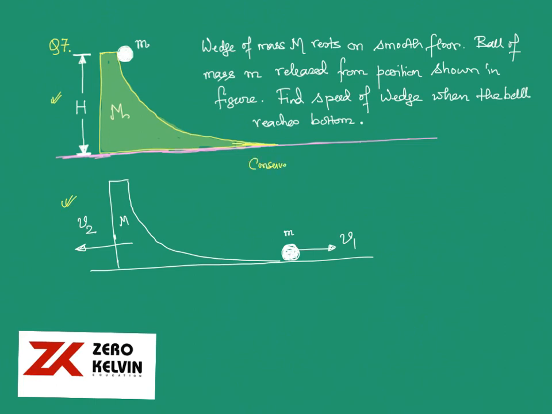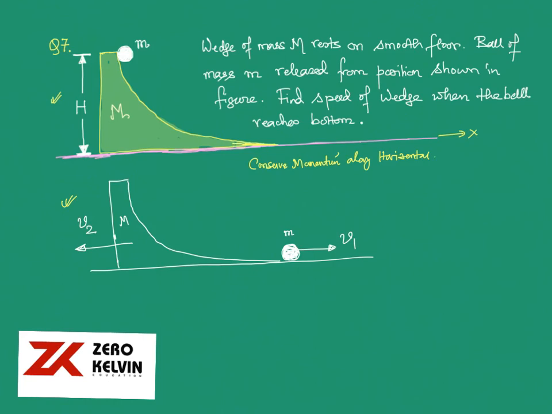Along the vertical it's not conserved, because vertically you have gravity, but there is no horizontal net force. Horizontal net external force is absent. So conserve momentum along the horizontal, or if you name an x-axis here, that's fine.